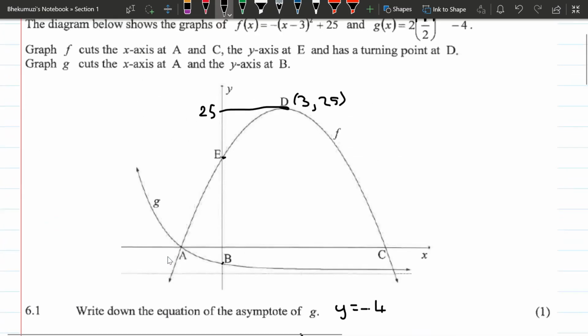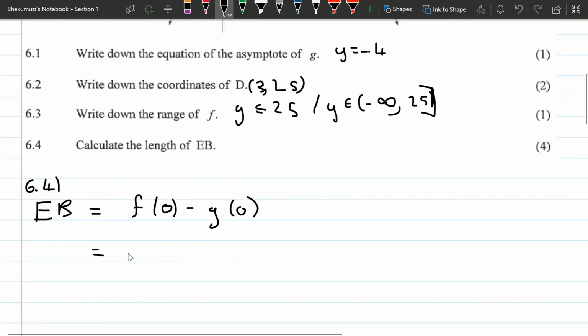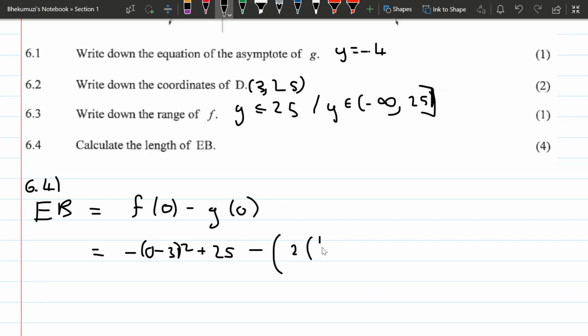So it is minus (0 minus 3) squared plus 25, all subtracted by 2 times half to the power of 0 plus 1, because we made x to be 0, minus 4.